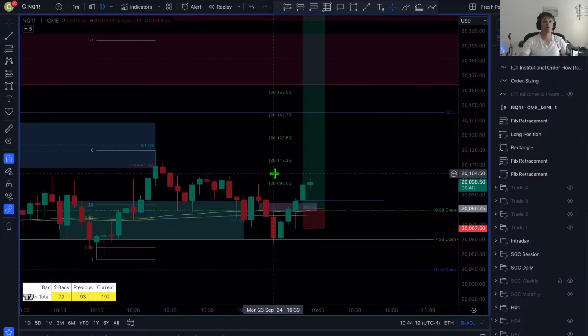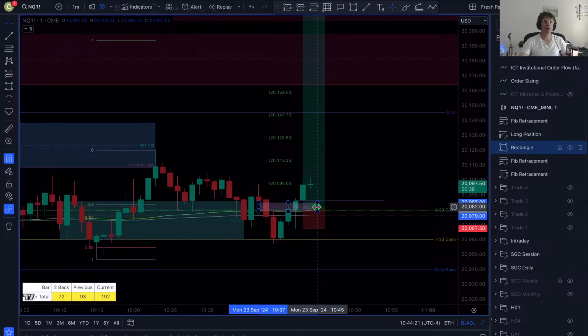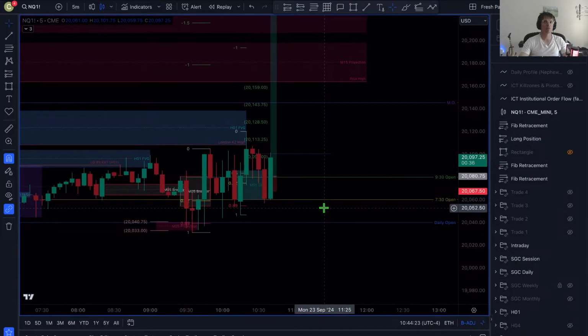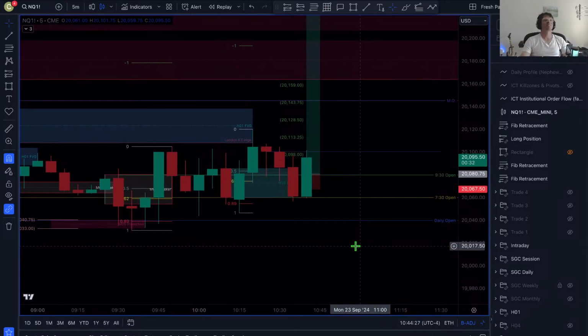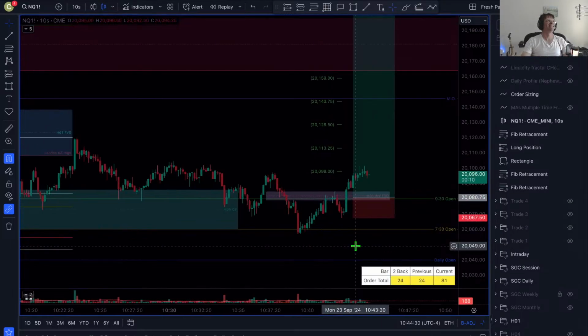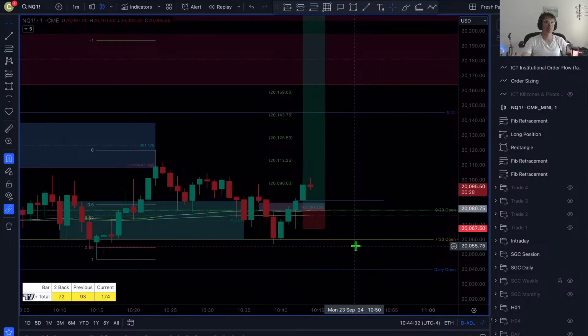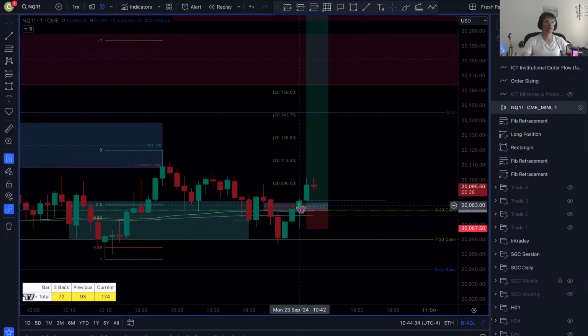Just one more pullback into that inversion would be nice. Yeah. That's precisely right. Close above what? That high? No.